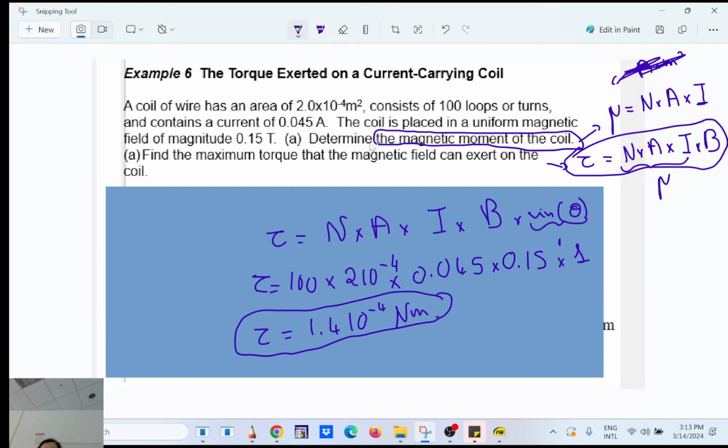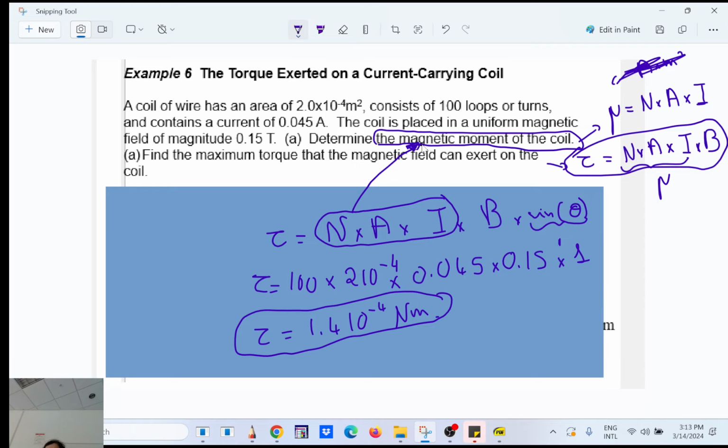Now, the physical quantity named the magnetic moment is just this quantity here. This is called the magnetic moment. I don't know if it's in the MCAT or whatever, but that physical quantity is the name for the magnetic moment.